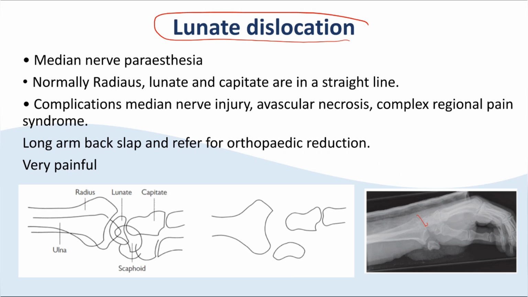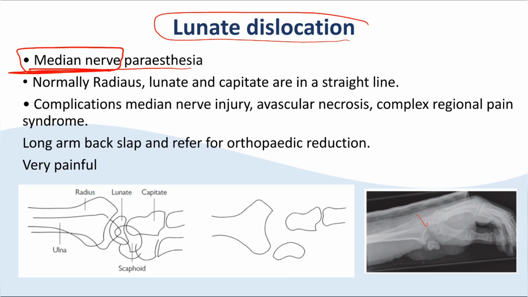Lunate dislocations are serious injuries. They require proper treatment to avoid complications. Usually it leads to median nerve paresthesia, in which the thumb, index, and middle finger have paresthesia.